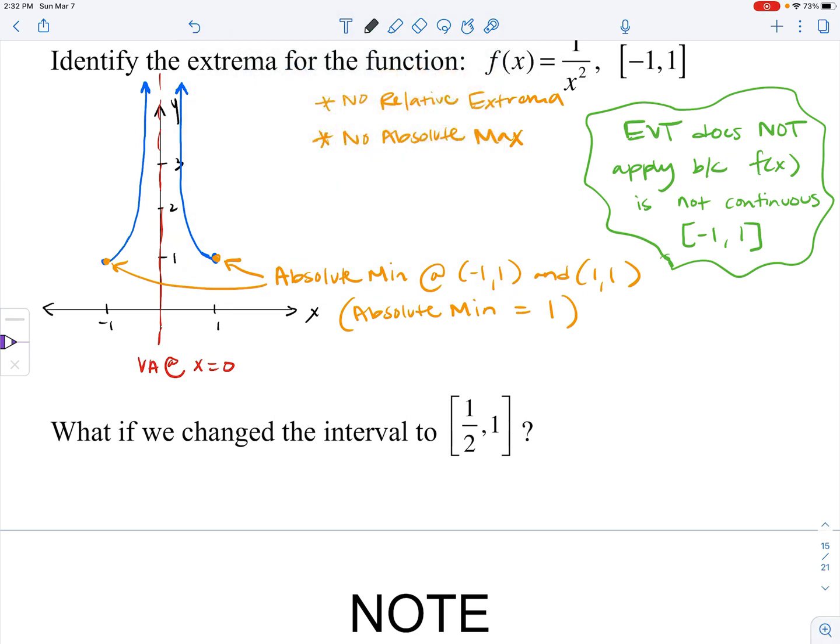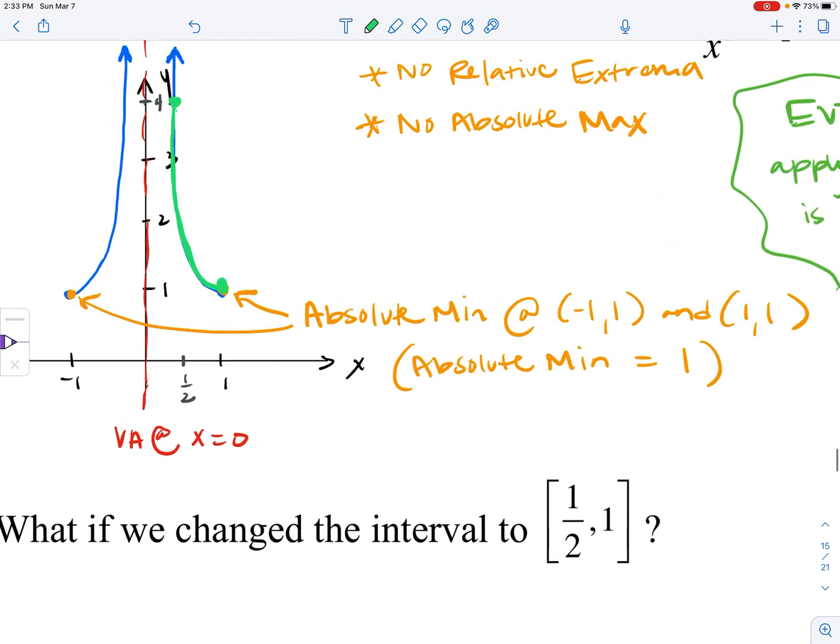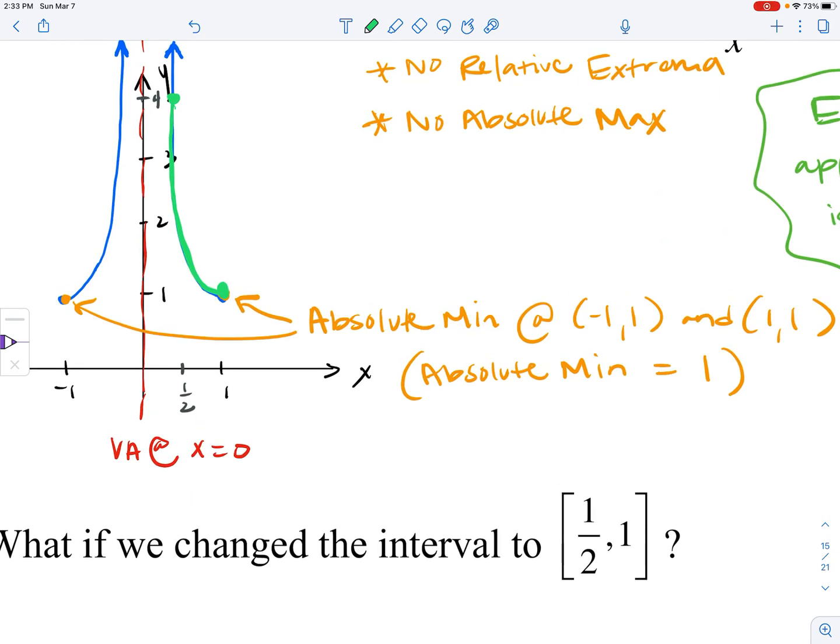So (1/2, 4) would have been the endpoint. So between 1/2 and 1, that would be the graph of 1 over x squared.